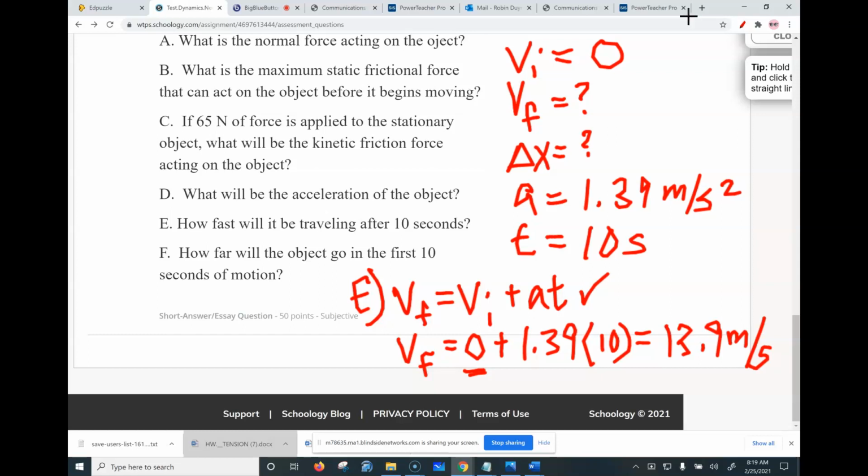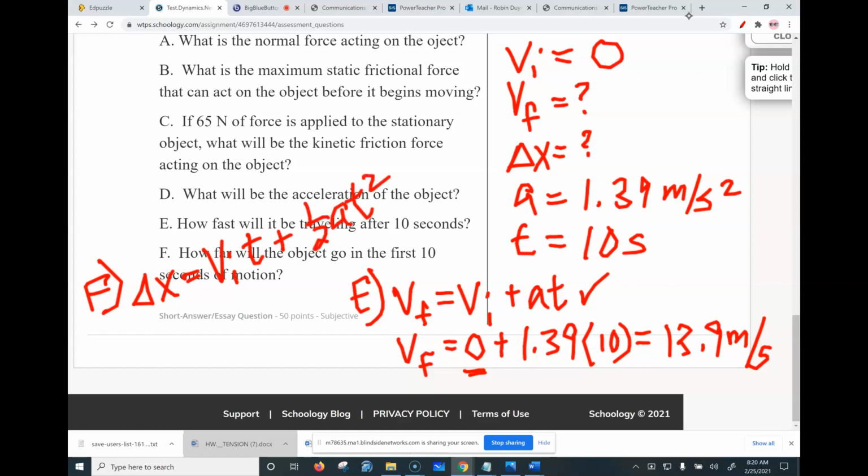And then part F is delta x is going to be equal to vi t plus 1/2 a t squared. You could have also used the vf squared equals vi squared plus 2a delta x. That would have worked as well, because now you have your final velocity.